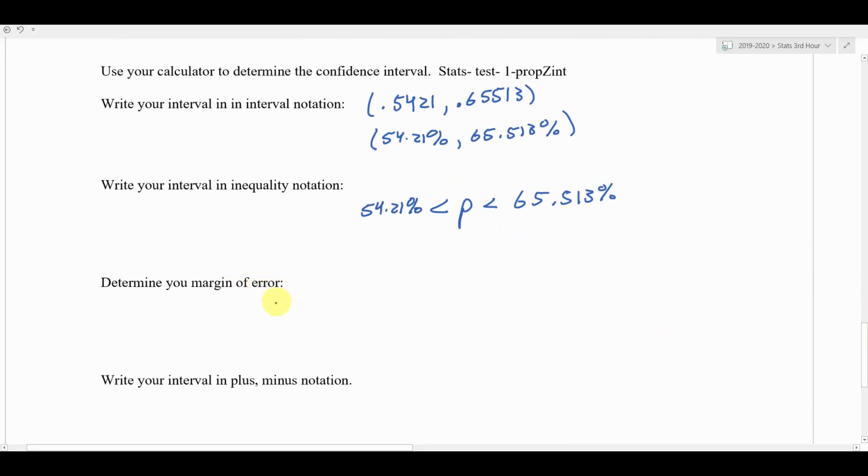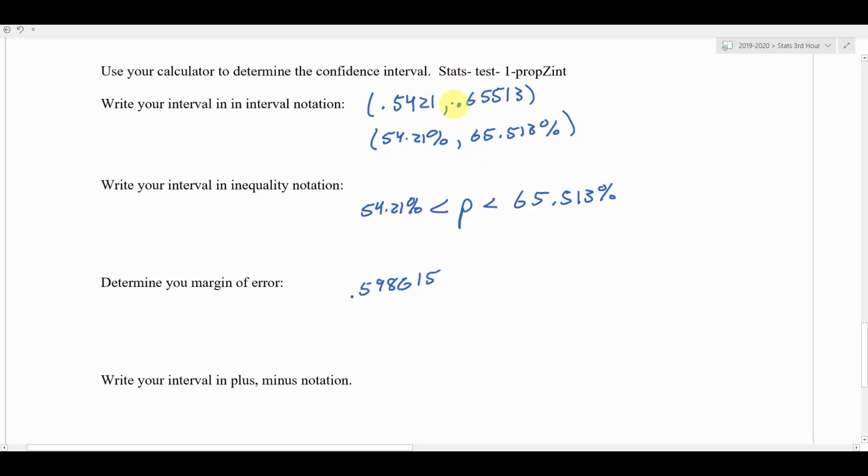Now we could go and do the margin of error formula again with our known sample size, or we can just kind of figure it out from this. Okay. So remember that our point estimate was 0.598615. That is supposed to be the center or the midpoint between these two points.